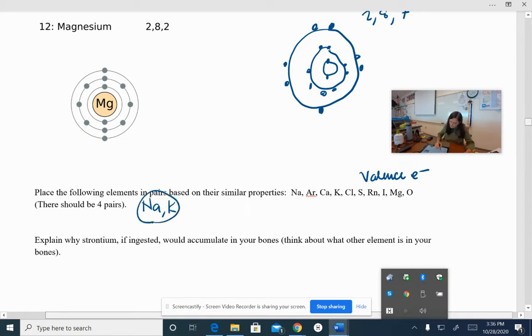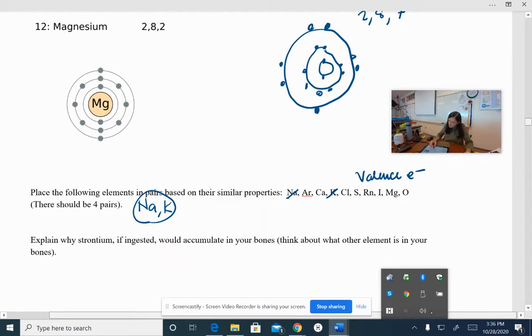So we're going to pair those 2 up. Okay, take a minute and pair them up. Okay, let's see, argon. Argon has 8. What else has 8? What else is in that noble gas? Ooh, radon is. So radon and argon are a pair.